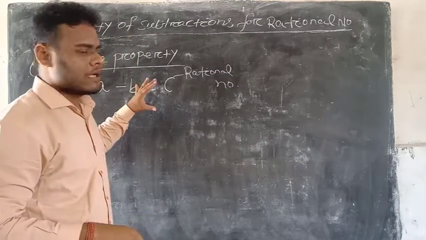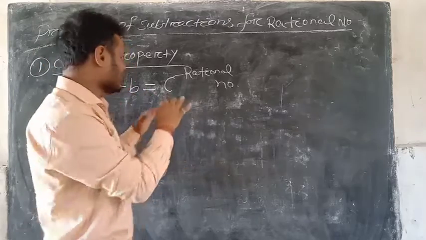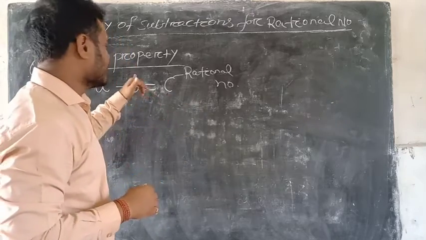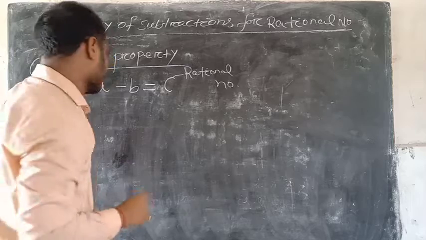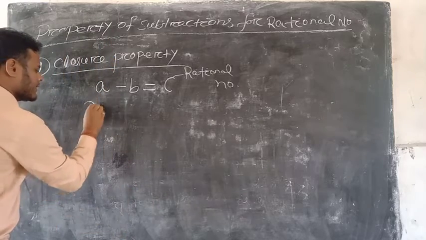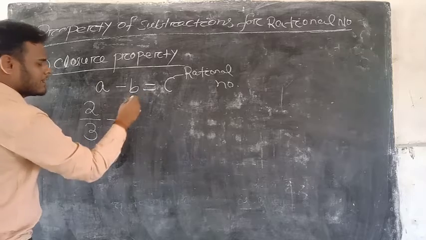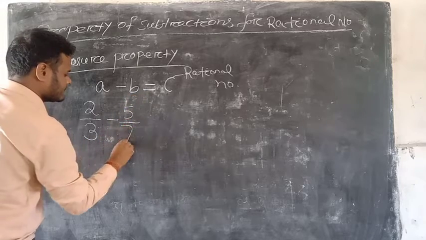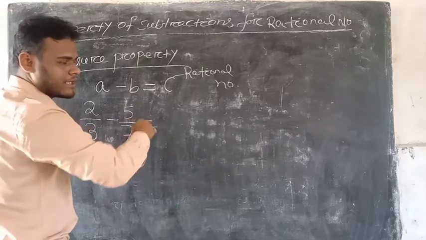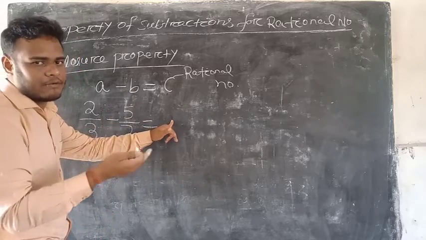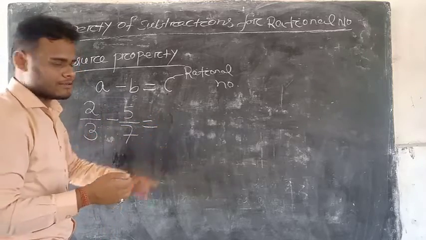Now we will take an example to see whether this property is satisfied or not. So here I will take 2/3 minus 5/7, and check whether the answer I get is a rational number or not.